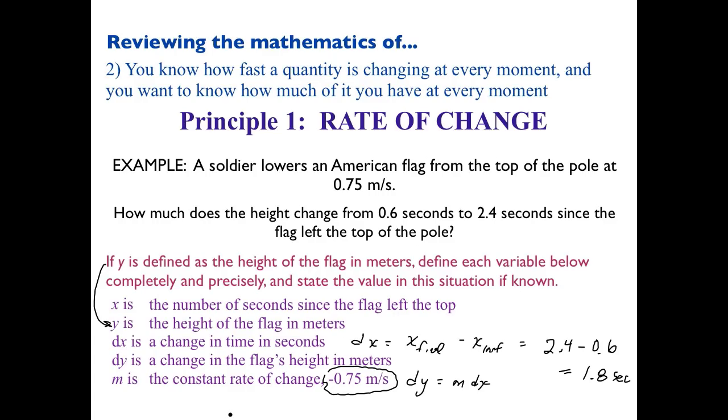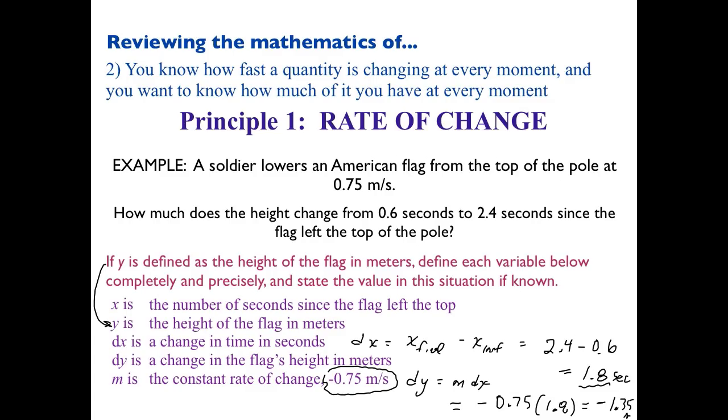In any change of seconds, how much the flag will go down, including 1.8. How much does the flag go down every 1.8 seconds? Well, we're going to take our negative 0.75 times 1.8, and you get, who did it? Nice and loud? 1.35 meters.